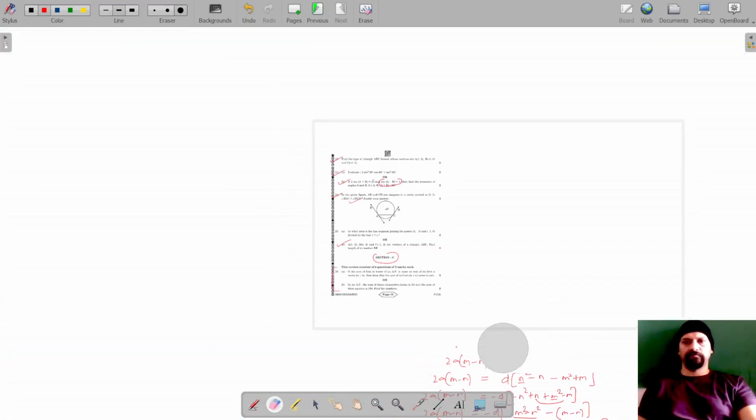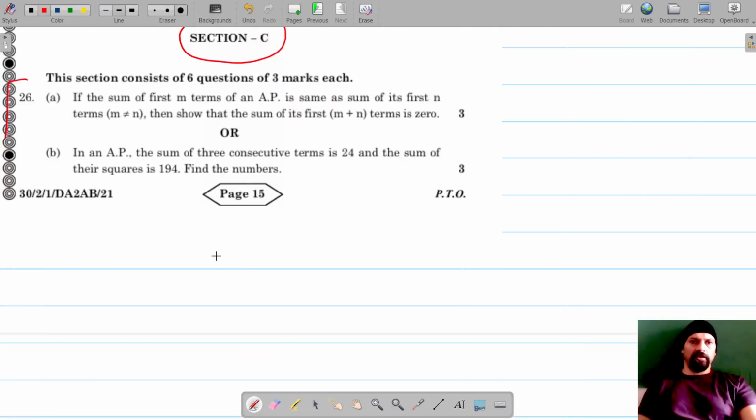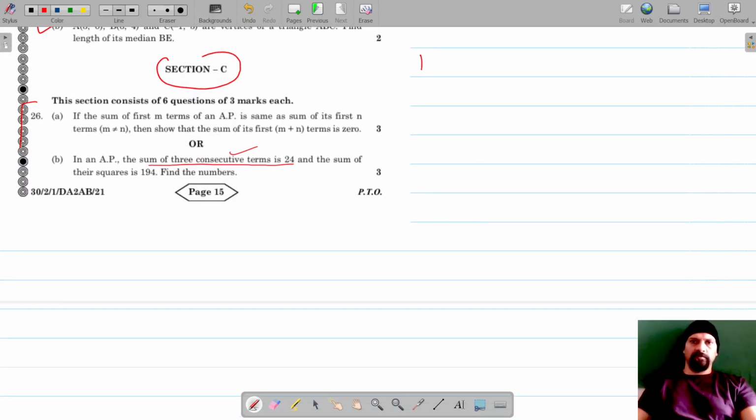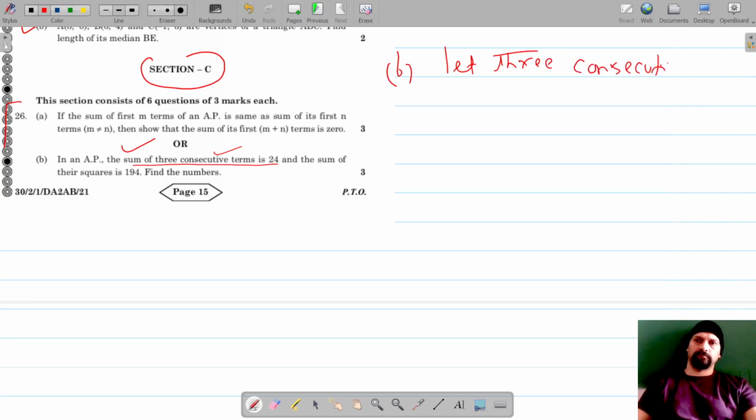It's given that in an AP the sum of three consecutive terms is 24, and we are going to use a concept here: whenever the sum of three consecutive terms of an AP is given, we consider the three consecutive terms as a minus d, a and a plus d. So let the three consecutive terms of an AP be a minus d, a and a plus d.